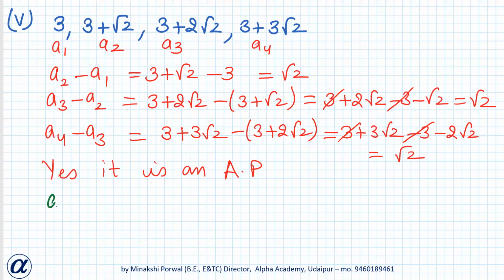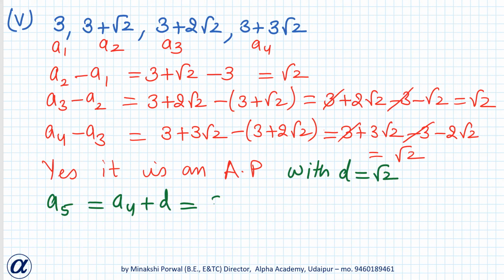And A5 will be equal to A4 plus D with D equals root 2. Okay, A4 equals 3 plus 3 root 2, plus root 2. So it will be 3 plus 4 root 2. 3 root 2 plus 1 root 2 will be 4 root 2.